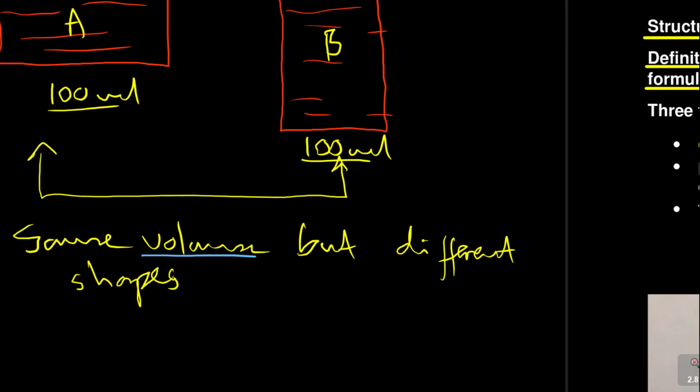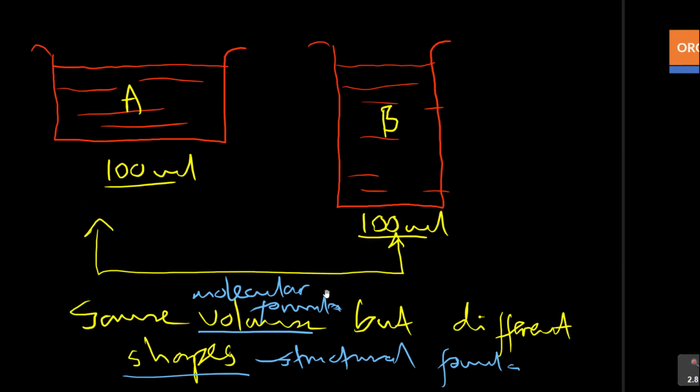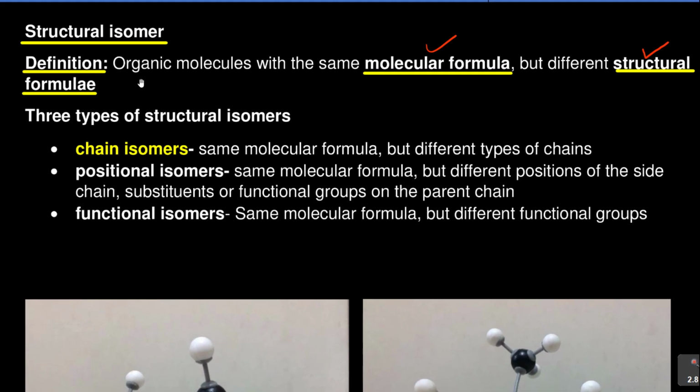So where there is the volume, it is the same molecular formula, and where there are shapes, it is a different structural formula. Remember, the structure of the molecule is the shape of the molecule, but the volume, which is the formula, is the same. So the definition is: an organic molecule with the same molecular formula but different structural formula.